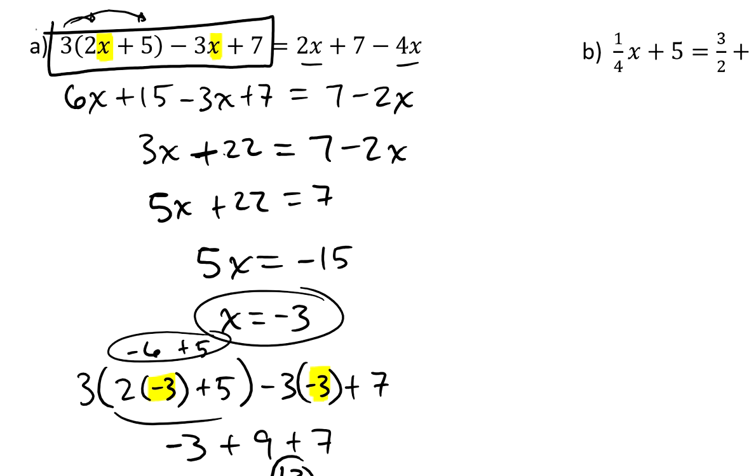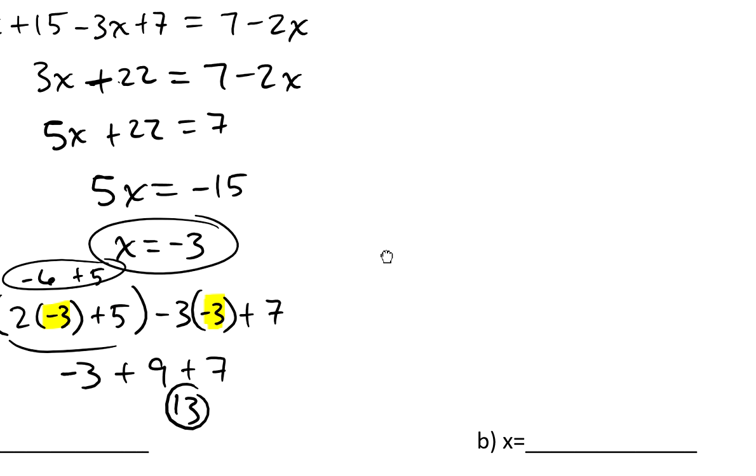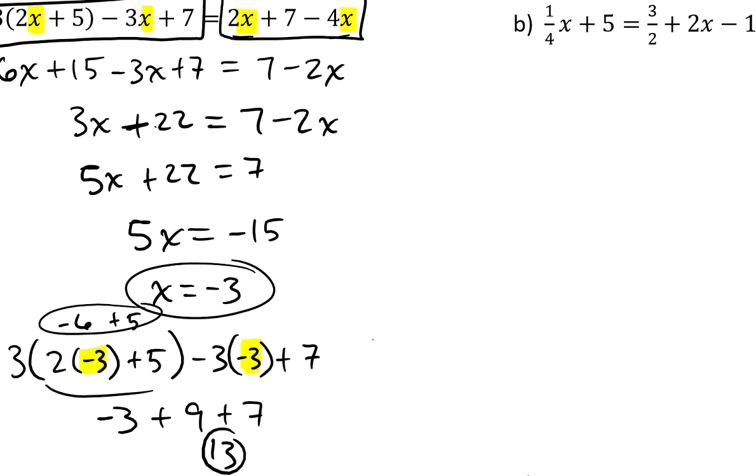So if the other side becomes 13, we're good. So let's go ahead and plug our x in there. Again, you can see x is going in 2 spots. So I'll do my substitution for that side. I've got 2 times, here's my x, plus 7 minus 4 times my x.